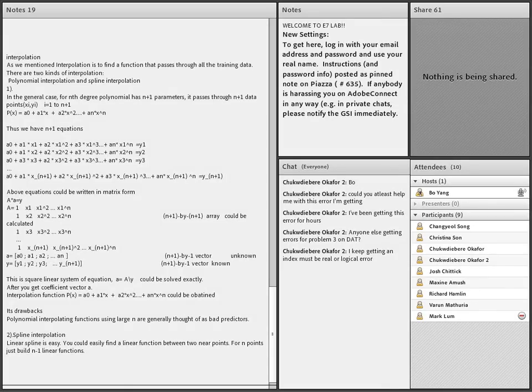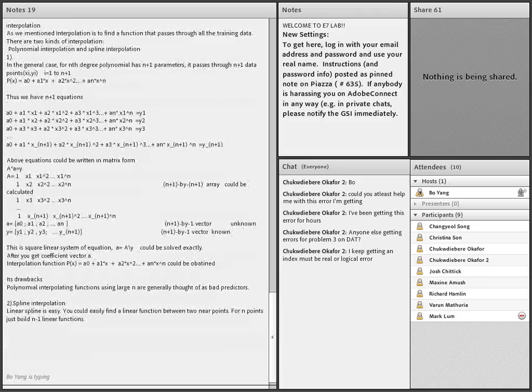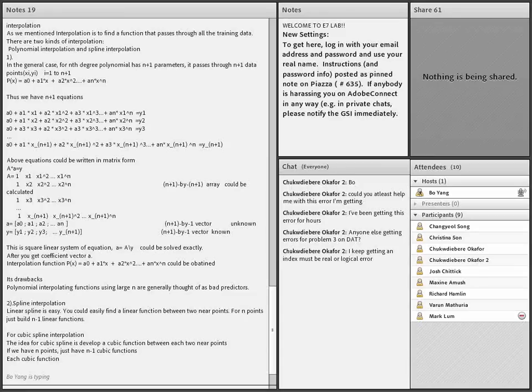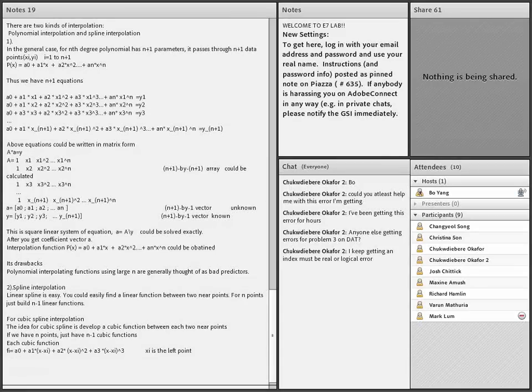If we have n points, we will have n-1 cubic functions. For each cubic function i, we have four unknowns: A0, A1, A2, and A3. Xi here is the left point. So at xi, we can have 4 equations.